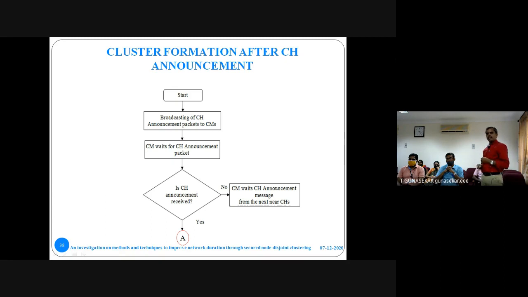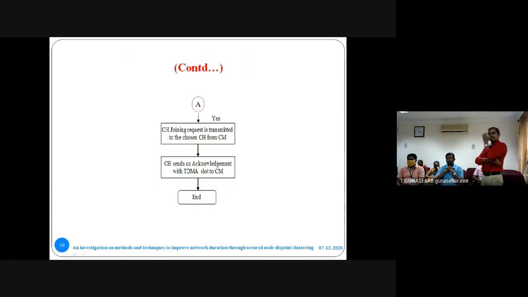If it receives the announcement, the cluster member sends a joining request to the cluster gate. For this request, the cluster gate sends a positive acknowledgement with a TDMA schedule to the cluster member.